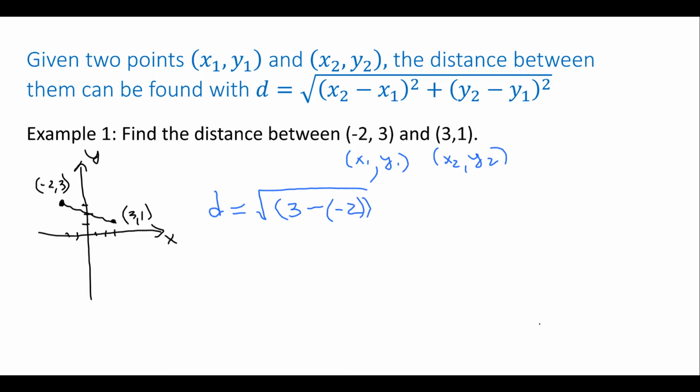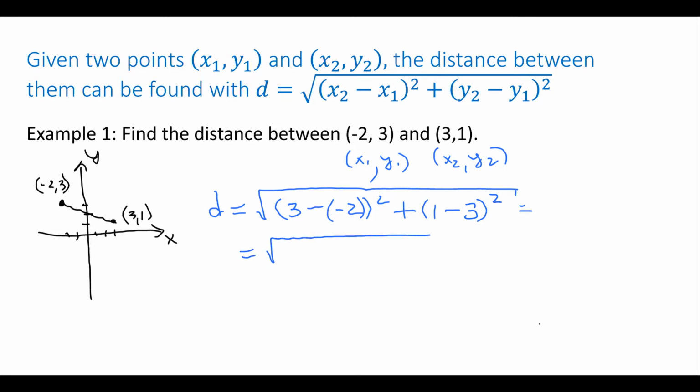And then everything I am squaring. And then plus y2. And what is y2? Here it is. That's 1. That's going to be my y2. So 1 minus y1. So y1, where is it? It's right here. My y1 is 3. And then squared.